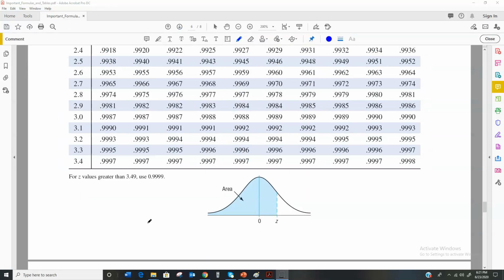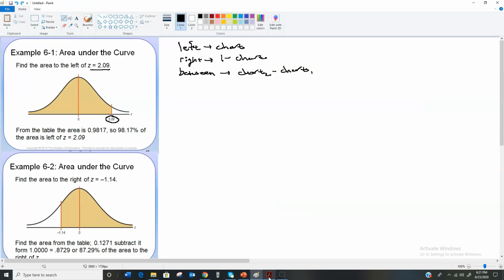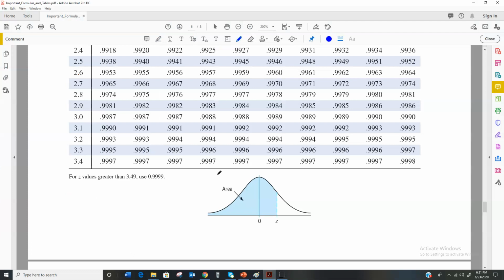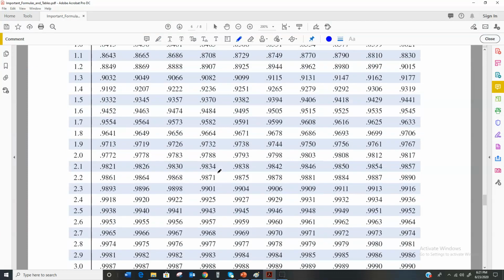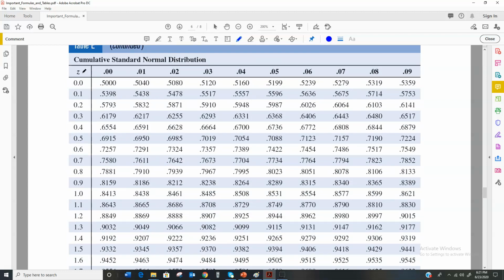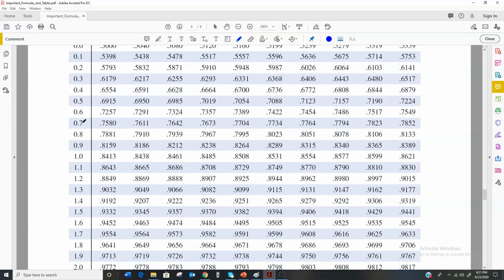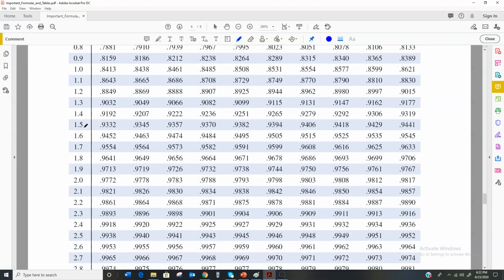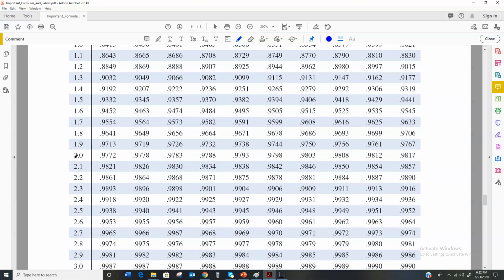So now how do we find that value that we want? I think I said 2.08, but it's 2.09. Let me double check. Yes, 2.09 is what we're looking for. On the far left column, Z, this first column gives us the whole number and the tenths place.